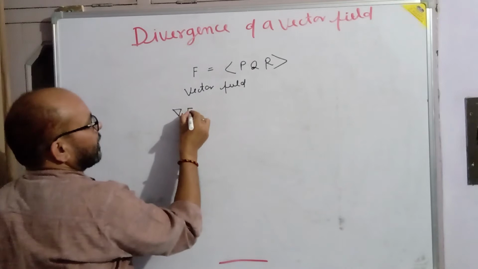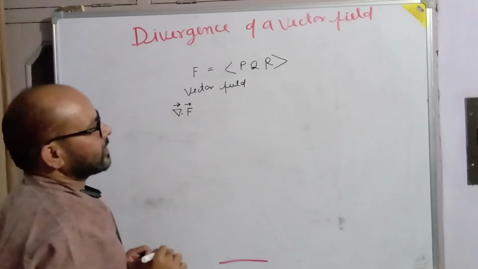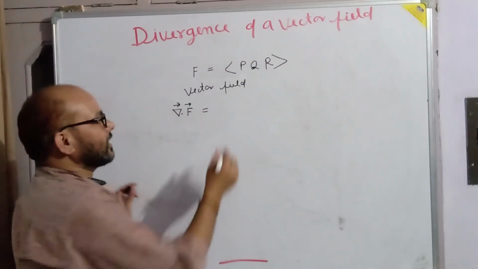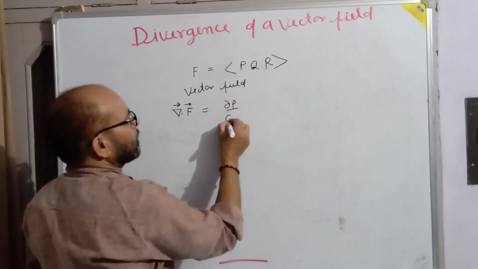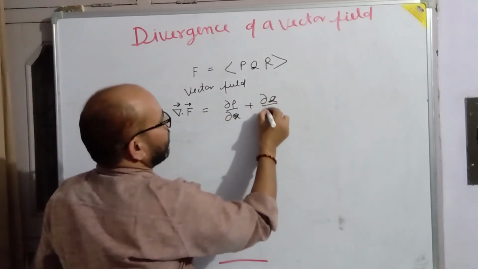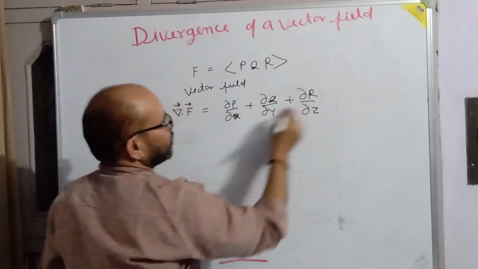We construct the divergence as del dot F, just like a dot product. So here, ∂P/∂x plus ∂Q/∂y plus ∂R/∂z.